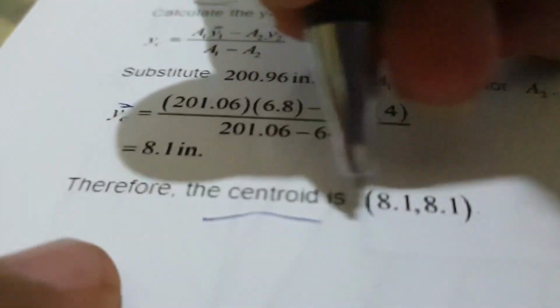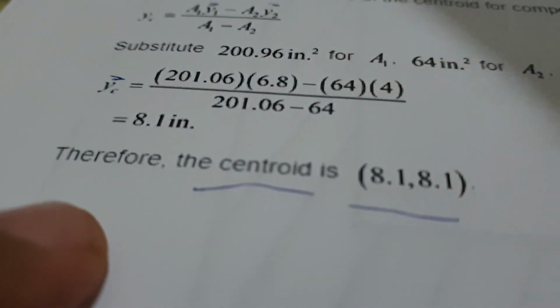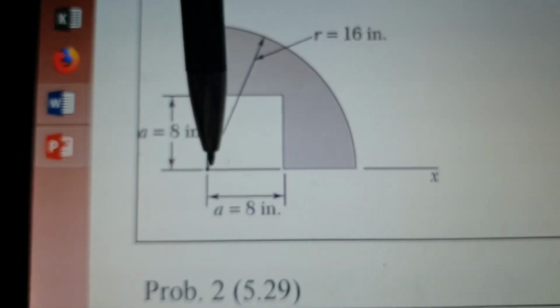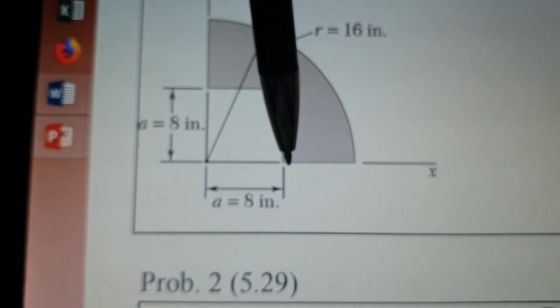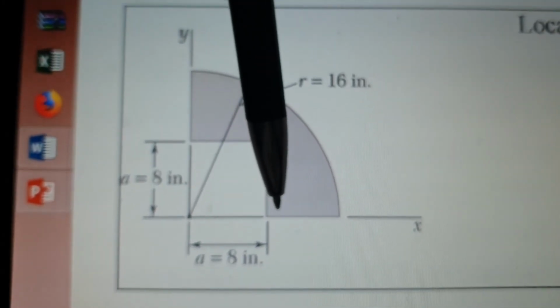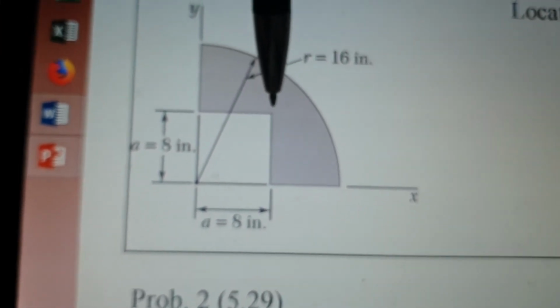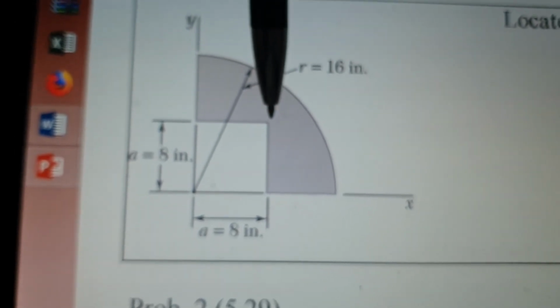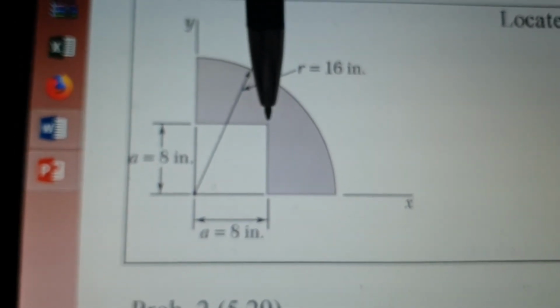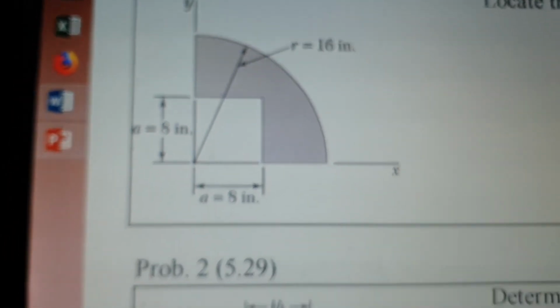So the centroid is 8.1, 8.1. Let's look at the shape. It's 8.1 on the x-axis, almost here, and going all the way up, 8.1 on the y-axis is here. So the centroid of this shape is at this point. We finished question number 1. Thank you.